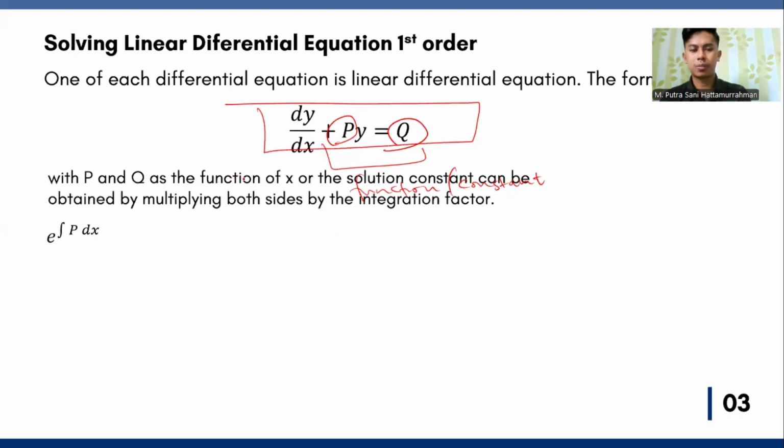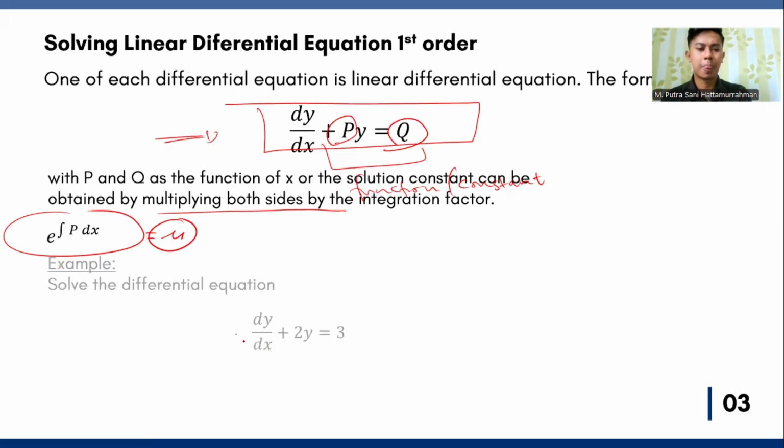But if you want to solve the linear differential equation, you have to find the integration factor. This is the integration factor. We can symbolize it by mu, and then you have to multiply both sides of the linear differential equation. We have an example.